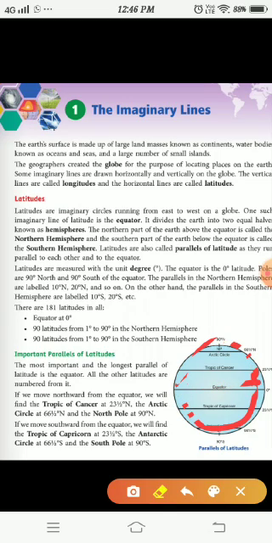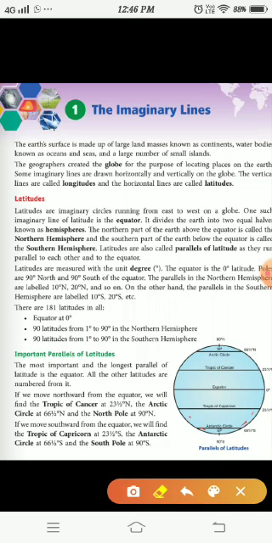Latitudes are also called parallels of latitude as they run parallel to each other and to the equator. Latitudes are measured in the unit degree. The equator is 0 degree latitude. The poles are 90 degrees north and 90 degrees south of the equator.